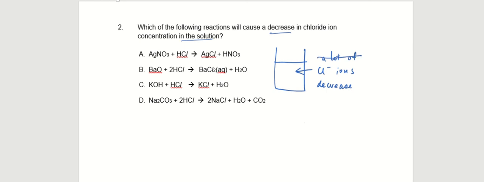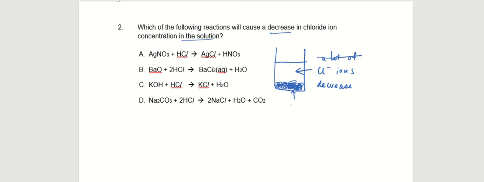Now, where did the chloride ions go to when they were originally in the solution? They left the solution. So what happened to them if they left the solution? The only option is it formed a precipitate, because in a precipitate the chloride ions may still be there, but the chloride ions are no more in solution.